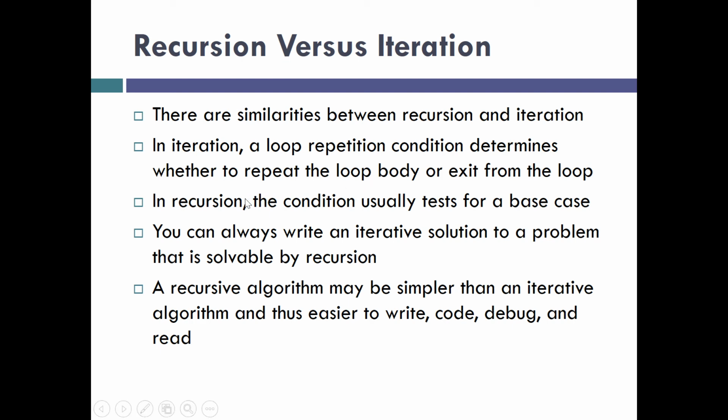Over here, we're going to check in recursion whether or not it's a base case. And you can always write an iterative solution for a recursive problem. So the big thing is that once you know how to do stuff recursively, it's often easier to write a recursive algorithm.